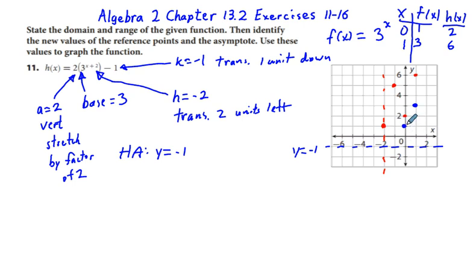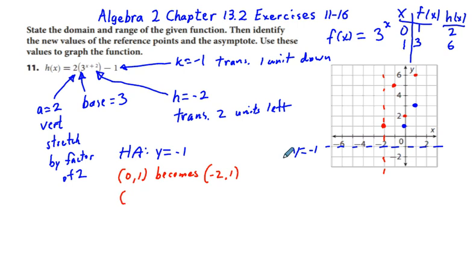Let's see, so this one became this, and this point here became this one. So we'll say 0, 1, this 0, 1 stretched up here and moved down, becomes negative 2, 1.